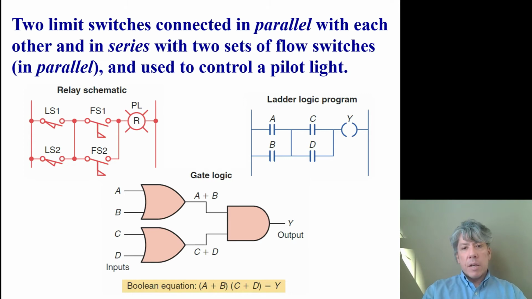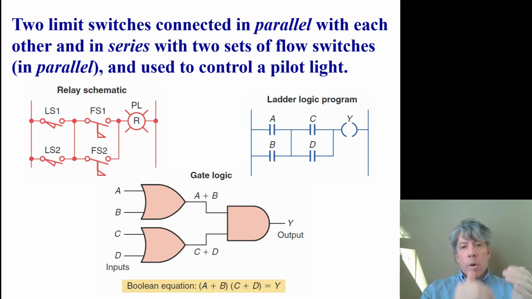Our gate logic needs a little bit of thought though, because notice the intermediate point, the section between A, B, C, D, that vertical line there really represents the result of A or B. But then, whatever that result is, it gets ANDed with the result from C or D. So you see our gate setup has two OR gates running in parallel, whereas in reality the OR is in series, right?